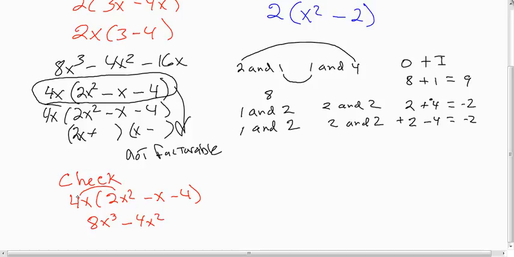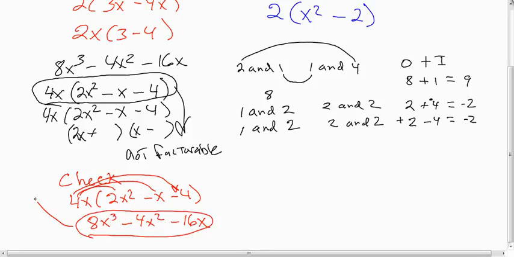Lastly, 4 times a negative 4 gives us 16x. As we go back and check, we see that our check answer goes back to our original equation, and of course that means it is a factored polynomial.